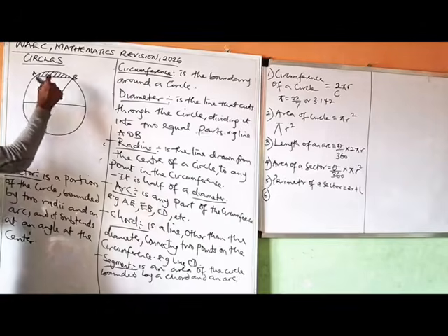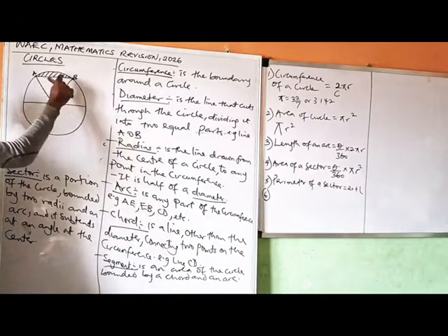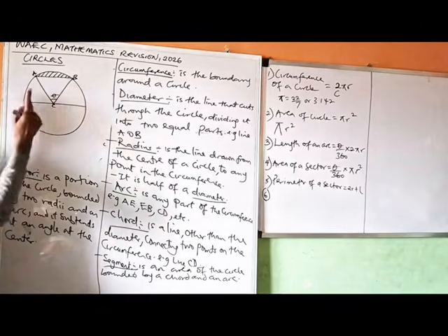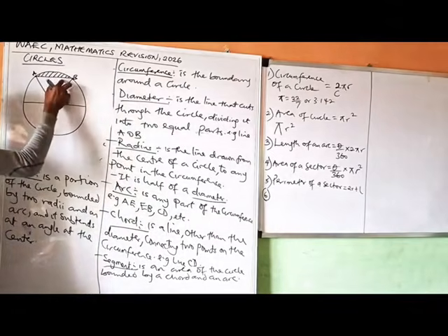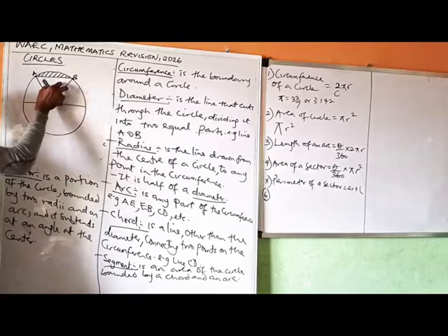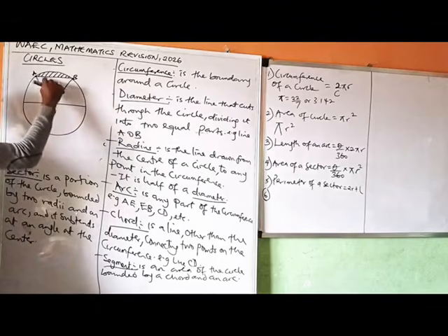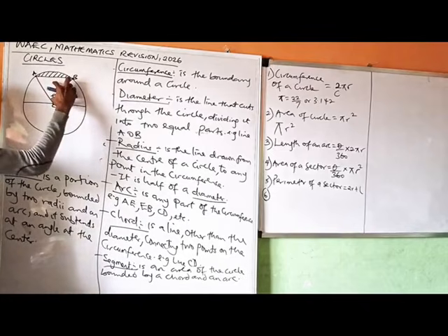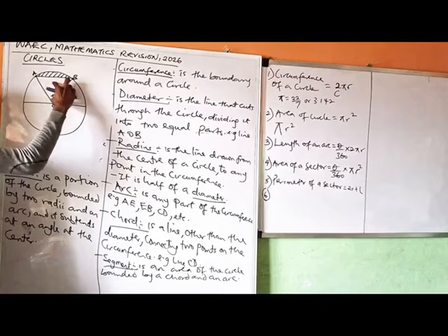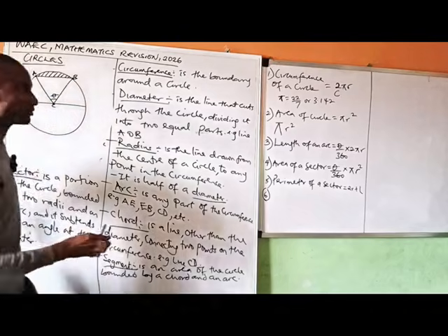So if you are asked to find the area of this shaded segment, the area of the segment is going to be area of a sector minus the area of triangle. Because the area of this sector is addition of area of a triangle and the segment. So this is what I'm saying.